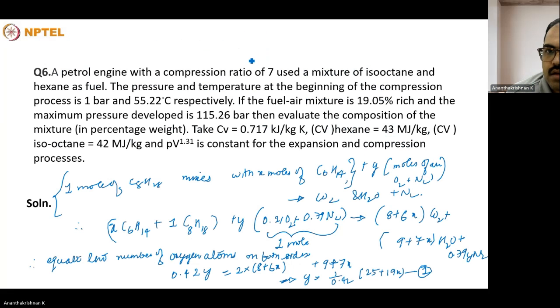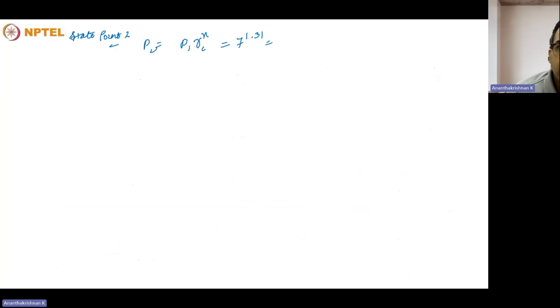P2 is equal to P1 times RC raised to gamma, that is 7 raised to 1.31 into 1 bar, which is 12.796 bar.